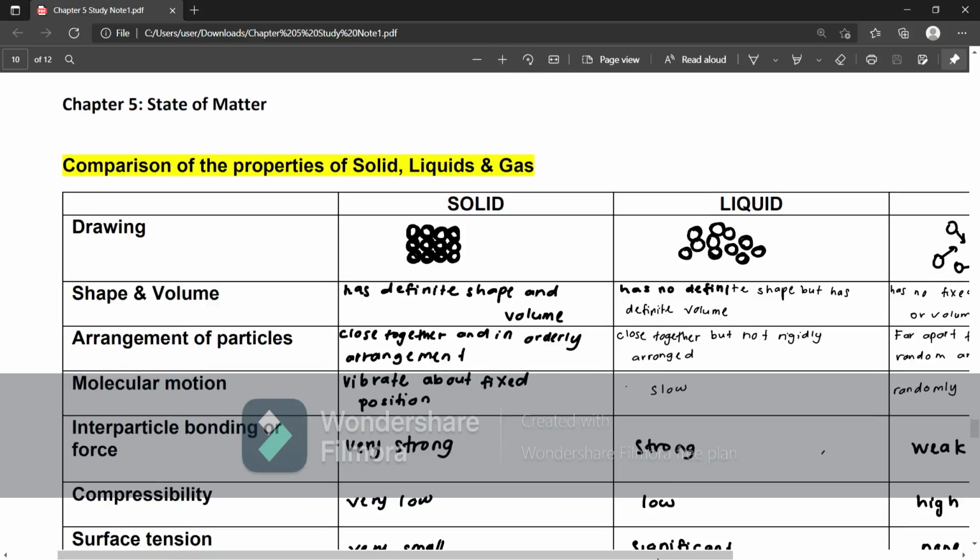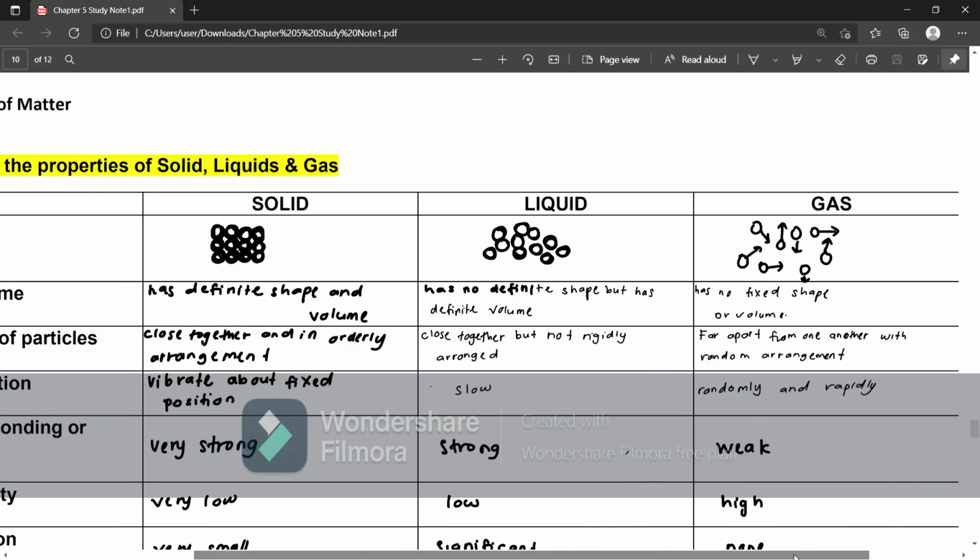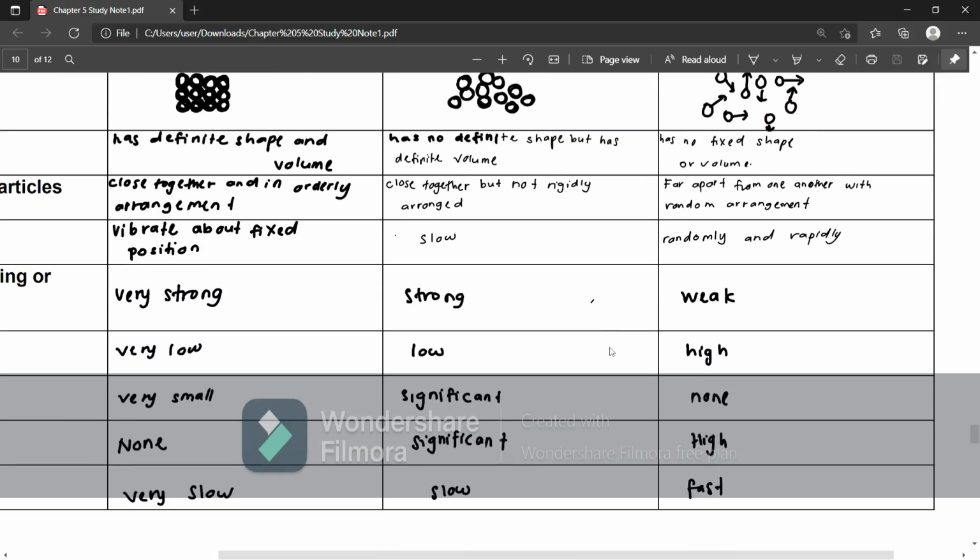For shape and volume, gas has no fixed shape or volume. Arrangement of particles for gas: apart from one another with random arrangement.